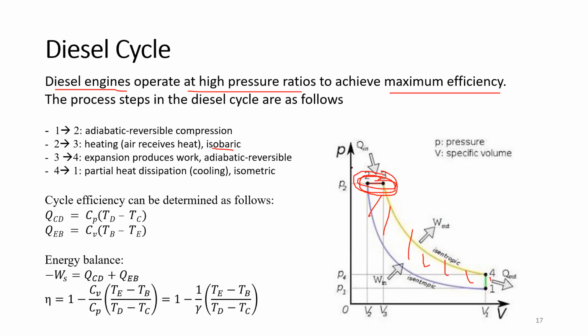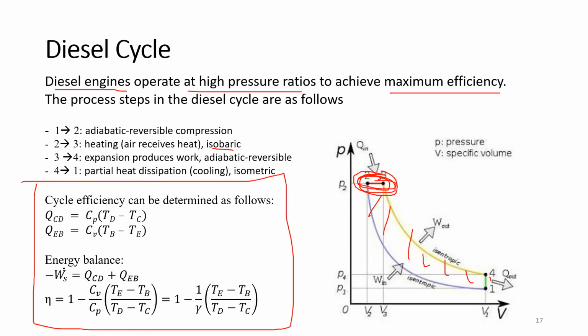The only difference is this step, and the rest of the process is almost the same as the Otto cycle. You can calculate the cycle efficiency by using this formula, also considering the energy balance of this process.